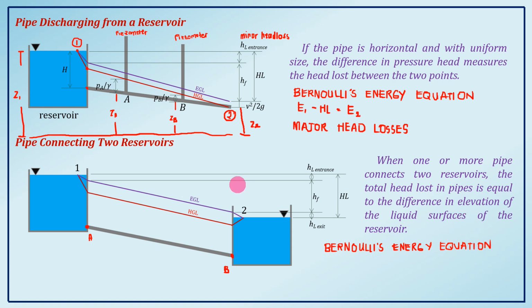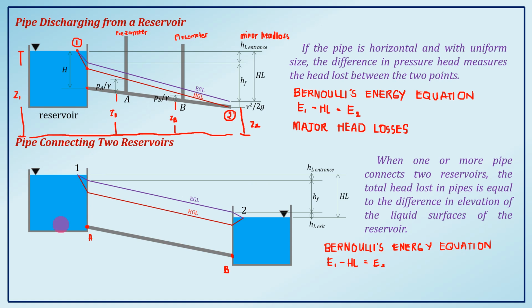So, let's show it. We will consider point 1 and point 2. So, we have E1 minus HL equal to E2. Okay? E1 is the total head at your point 1. We're considering a reservoir.